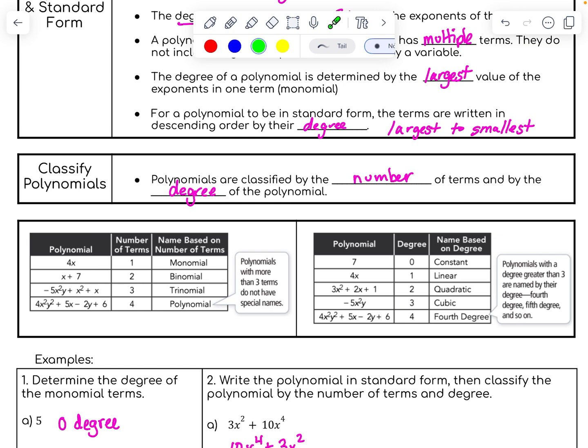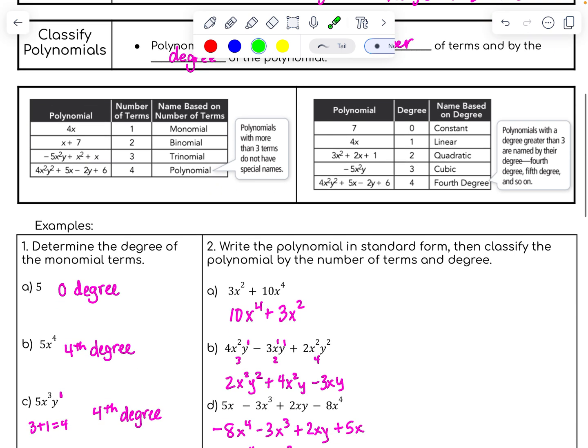And then you can see your degree terms over here. So if we look at our examples real quick, notice this one has two terms and it is a fourth degree, so we would classify that as a fourth degree binomial.